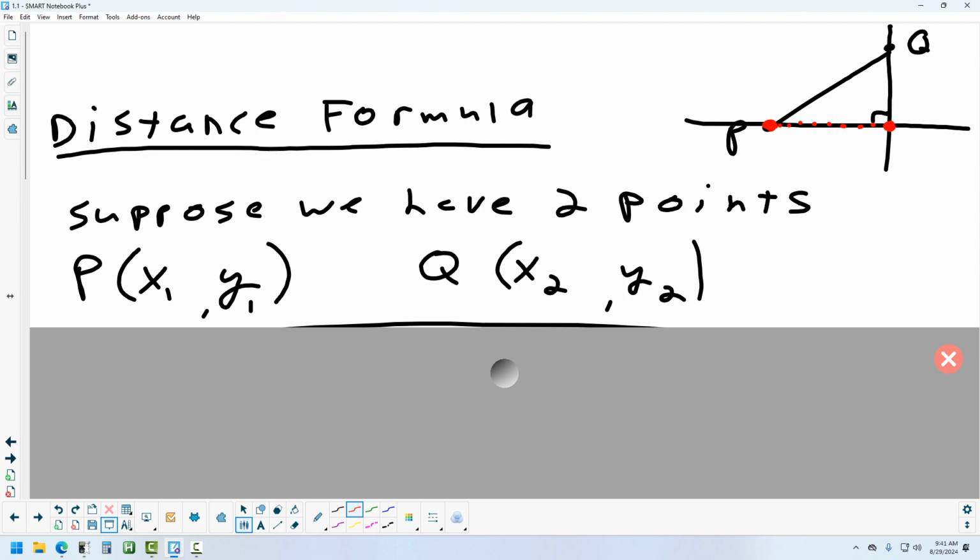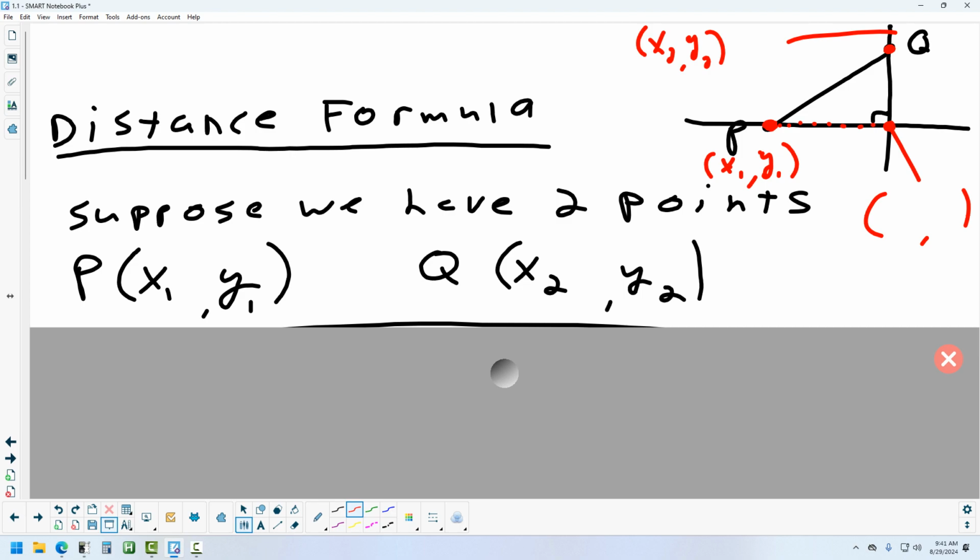Let me label this. P is x1, y1, and Q is x2, y2. So based on that, what's the coordinate right here? We have enough information to figure that out, because we know this coordinate is at the same height as this one, and we know this coordinate is the same distance over.